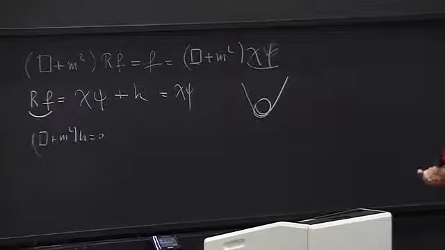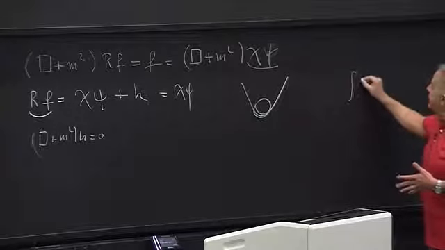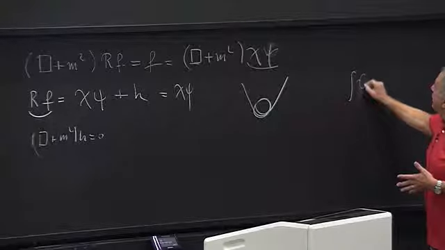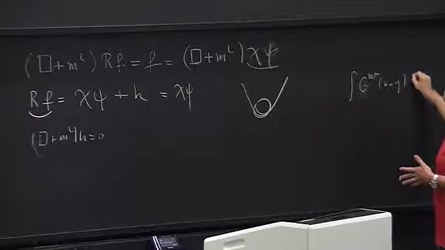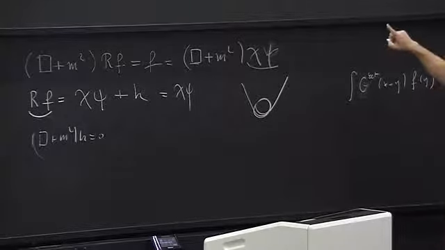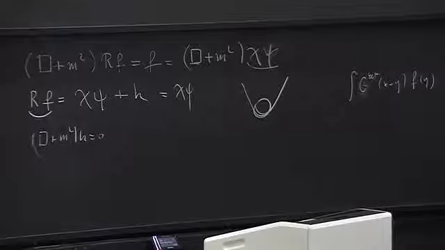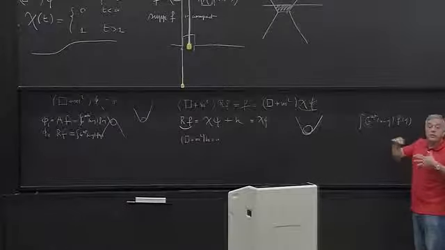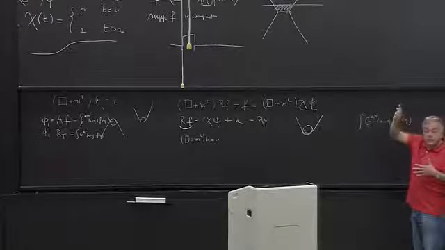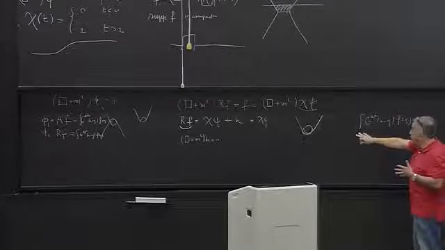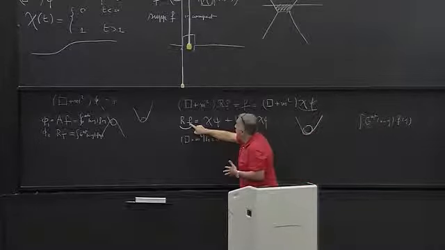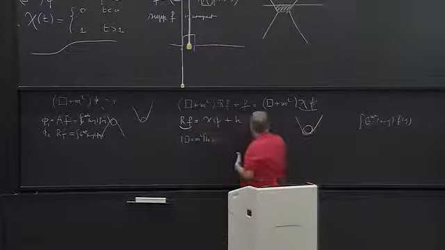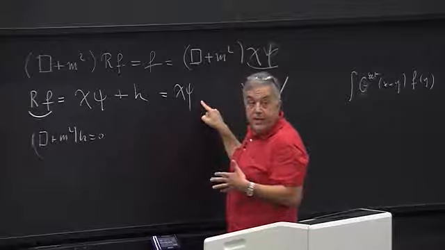If you want to compute the retarded propagator applied to that initial data, this would be a hard task because there is a boundary inside. You cannot push the integration to infinity. But because of this argument, you can say that the retarded operator applied to f is just chi of psi.